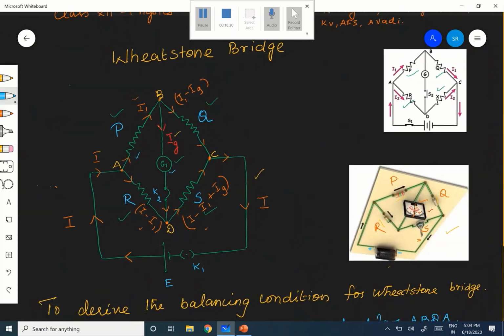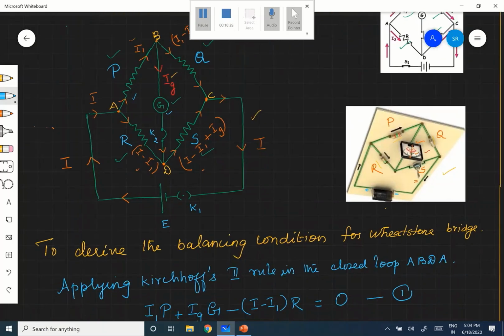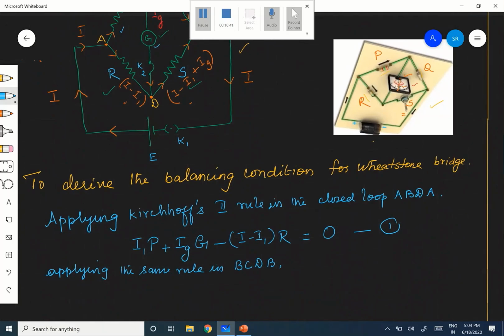In BC it is a clockwise current, therefore it is I minus IG into Q, correct? Therefore, I can apply here I minus IG into Q.